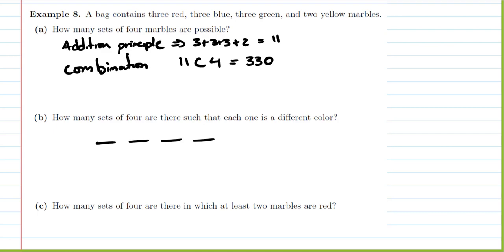So in my first stage, what am I going to need to pick? Well, how many red do I want? 1. So in my first stage, I'm going to need to pick red. And in my second stage, I'm going to need to pick blue. In my third stage, I'm going to need to pick green. And in my last stage, I'm going to need to pick yellow. So how am I going to make that happen?